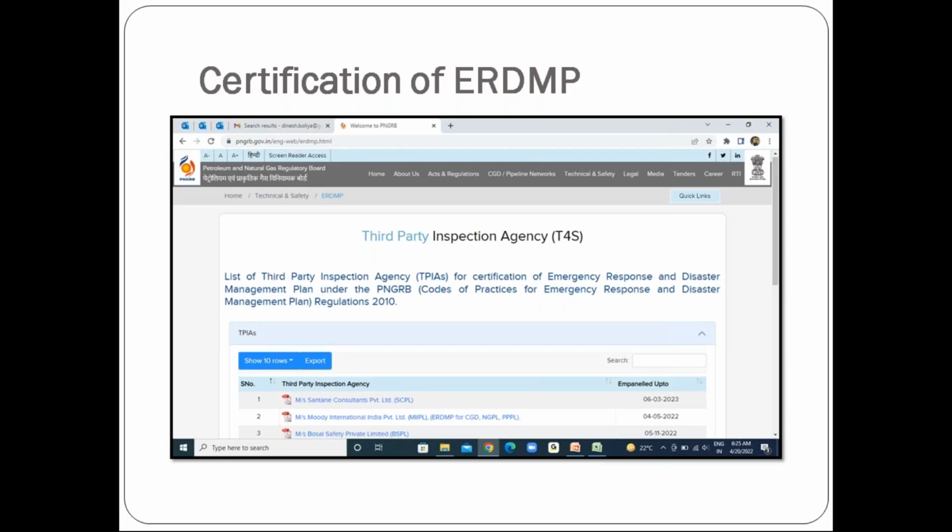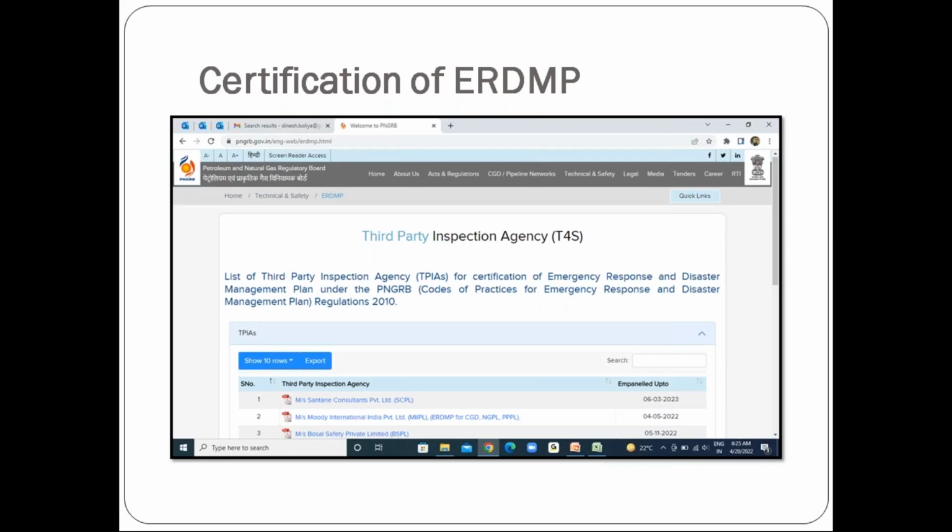Once the ERDMP is approved by a government approved third party agency, this is TPI, then this approved copy is submitted to district authorities, these boards, and the stakeholders affected by this emergency, and a copy should be kept at the emergency control center, where it is readily available.